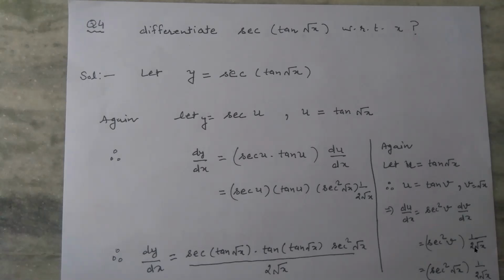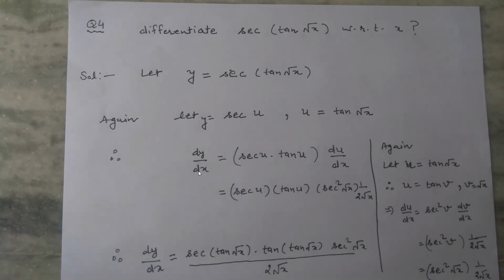This is 1 upon 2√x. And writing the value of v, this is √x. So the final result of du/dx is sec²(√x) upon 2√x. So we put the value here.